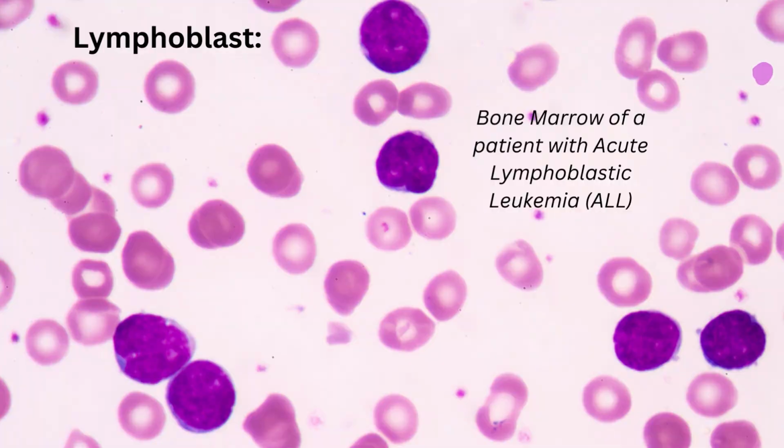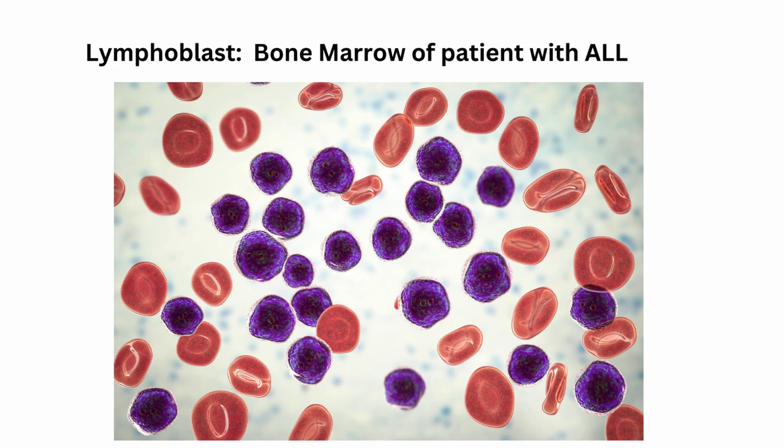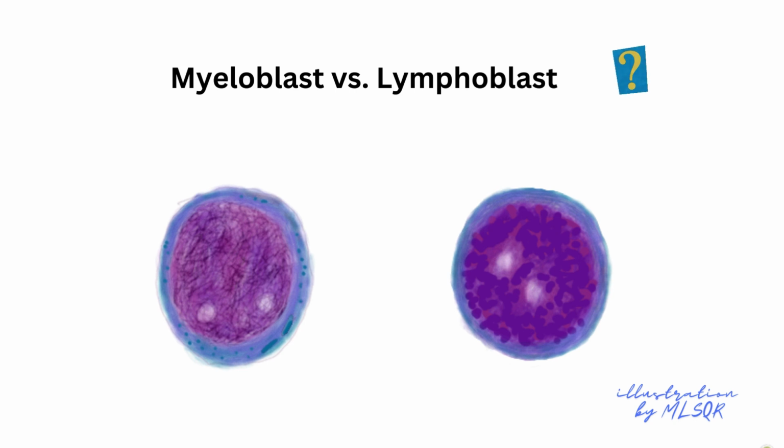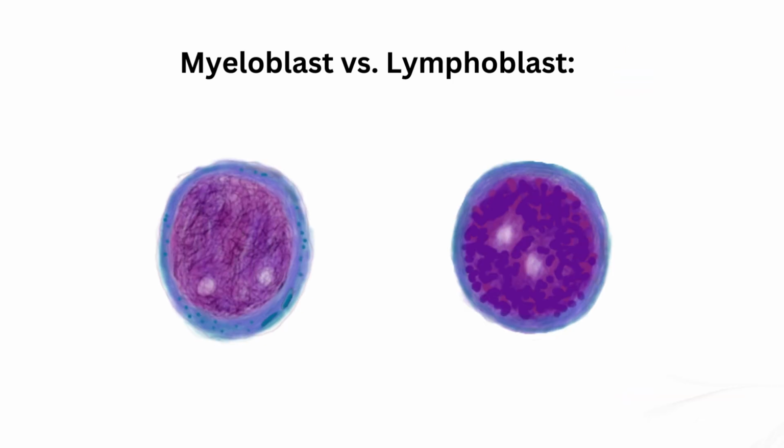Here's the bone marrow of a patient with acute lymphoblastic leukemia. Can you tell and describe the difference between a myeloblast and a lymphoblast?